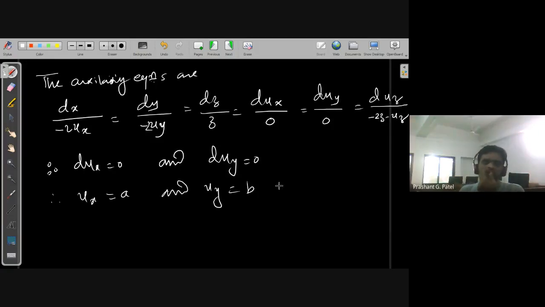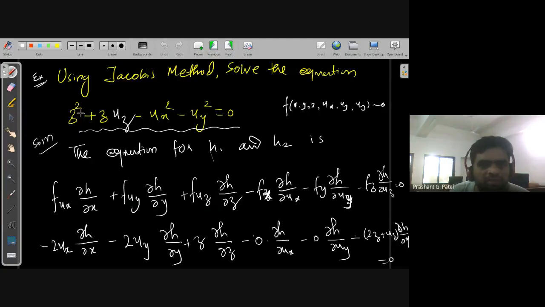And our objective is actually calculating the value of ux, uy and uz in terms of x, y, z and a, b. So this is ux, uy, and now we need to calculate the value of uz using the given equation.